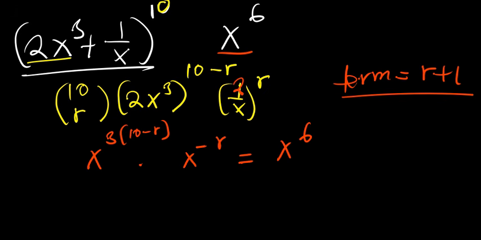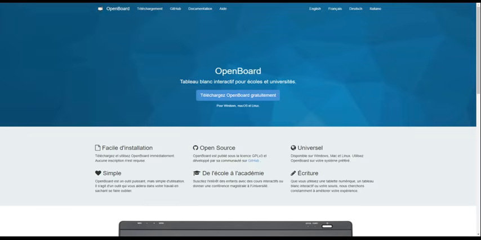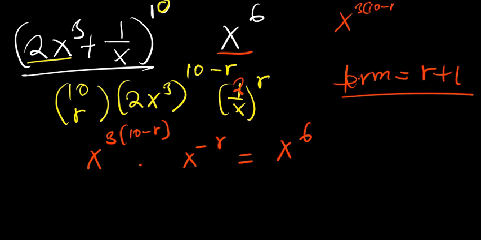In simple terms, what we have is x to the power 3 to the 10 minus r, divided by x to the power r. When you're dividing and the bases are the same, we simply subtract the powers. That's where this negative is coming from, in case you are confused.